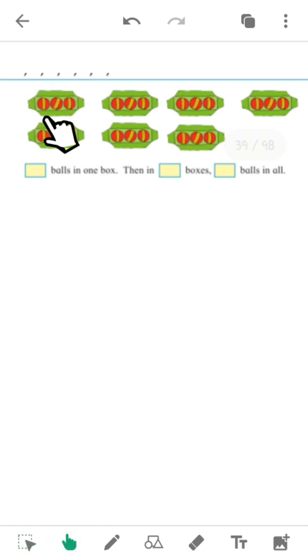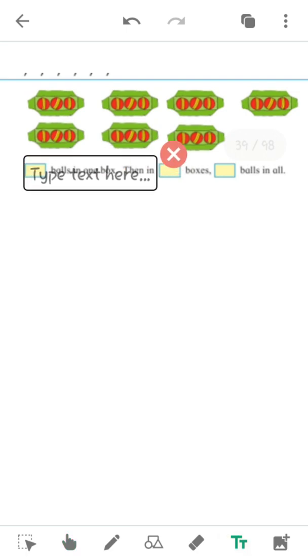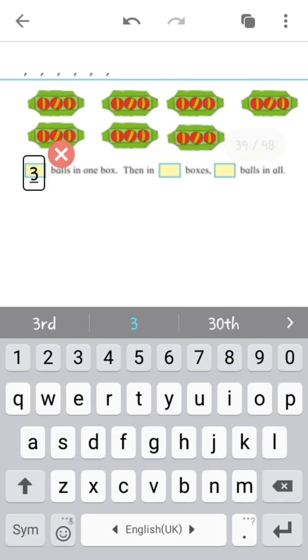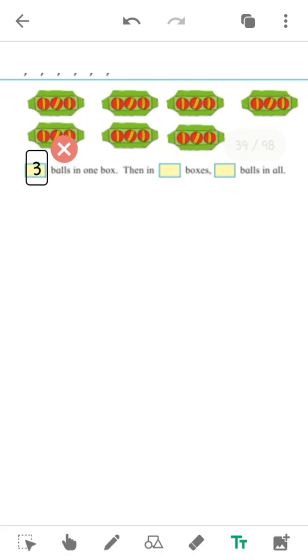Count 1, 2, 3. So 3 balls in one box. Write down 3. Then there are dash boxes. How many boxes are there? 1, 2, 3, 4, 5, 6, 7. How many boxes? 7.